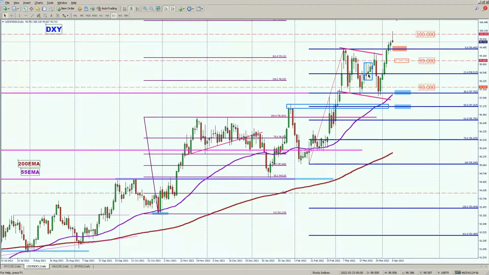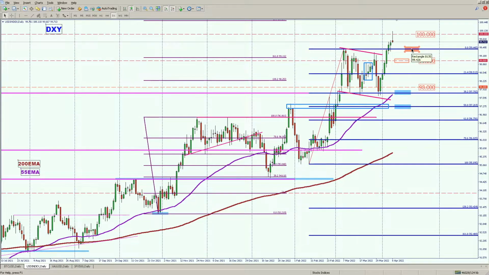So here's the DXY, and from the start of the week, it climbed up from this 21 pip retracement here, and broke through the resistance at the previous swing high, and punched through just to hit the 100 round figure before pulling back. That was just yesterday on Friday. So it has pushed through to finally reach a round figure.